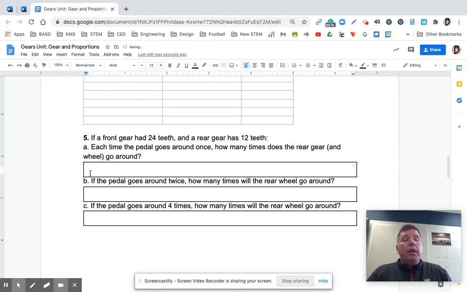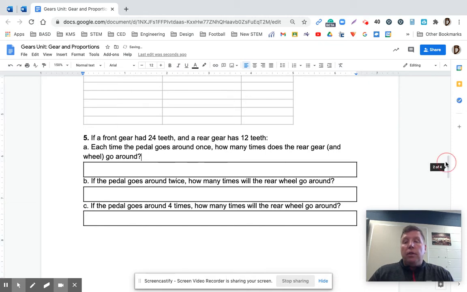So if my big gear goes around twice, how many times does the small one go around? Well, if the big one went around twice, then this one would go around 4 times. So it's always double the amount of how many times this one goes around. If the big gear goes around 4 times, the small gear will go around 8 times. So then we worked on 5, we went through A, B, and C.